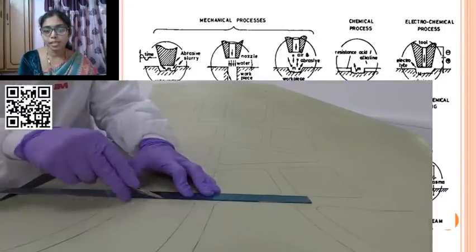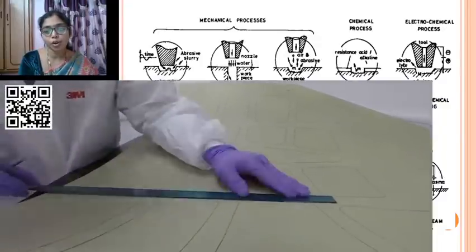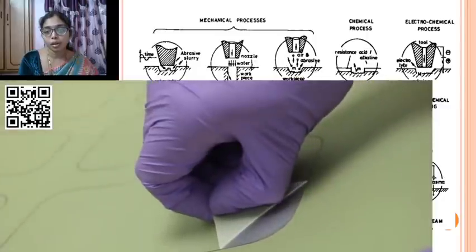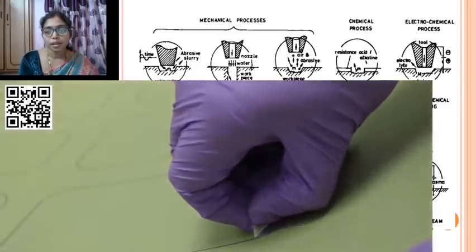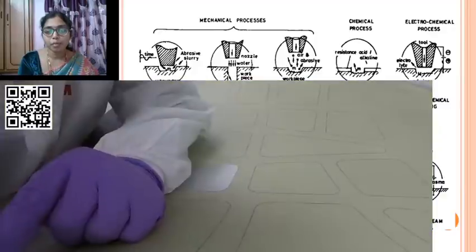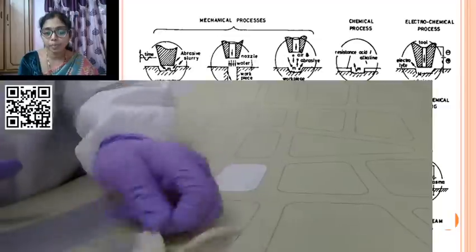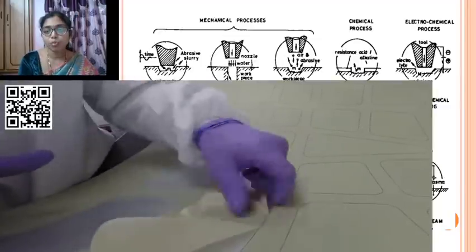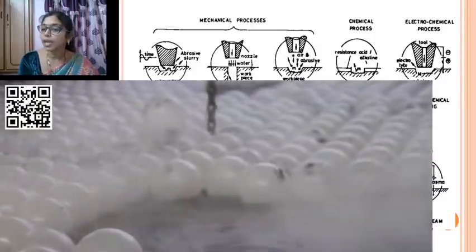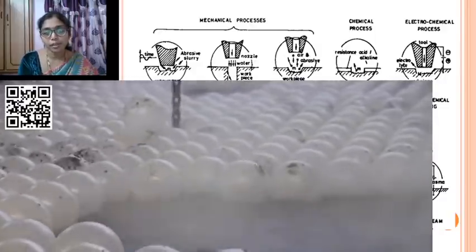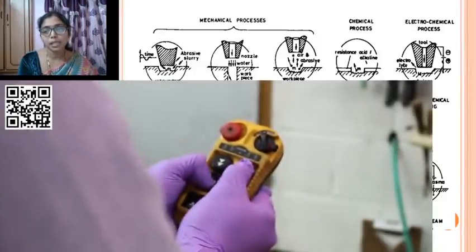Whatever shape is required, if it is not that complex, it is drawn, and the same shape is cut multiple times. The maskant is sprayed first, and then wherever the machining is required, the maskant is removed from the surface, and then it is placed in the chemical solution.